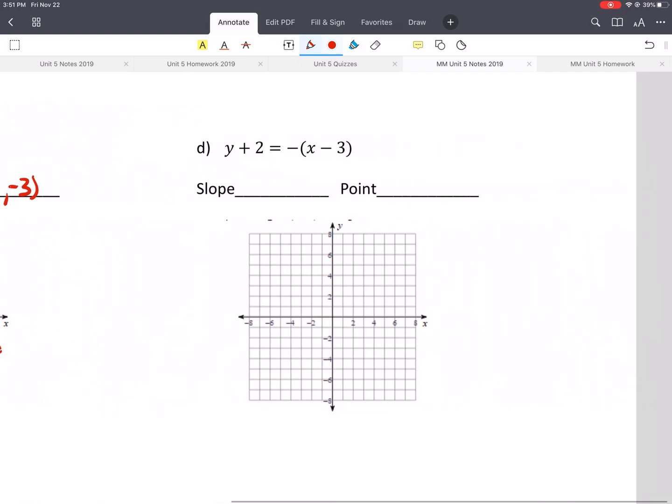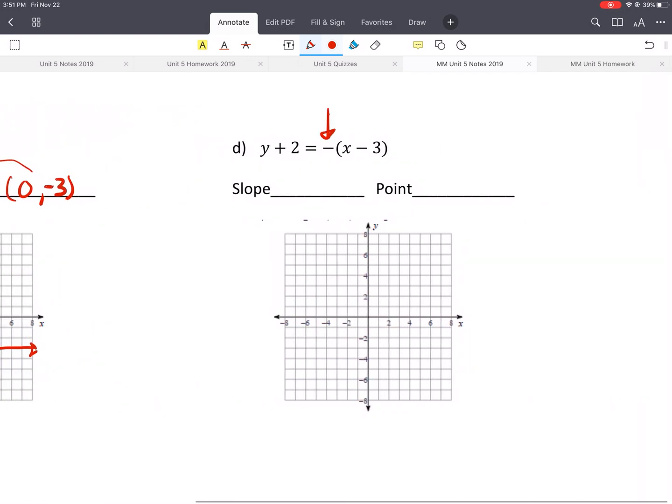Okay, and then here again, what type of slope is that? All right, so that would be negative 1. Okay, it wouldn't be 0, because if it was 0, then this whole thing would be 0. So it's got to be negative 1. And then our point, again, when we take things out, changes its sign. So we plot 3, negative 2, and then we use our rise over run.